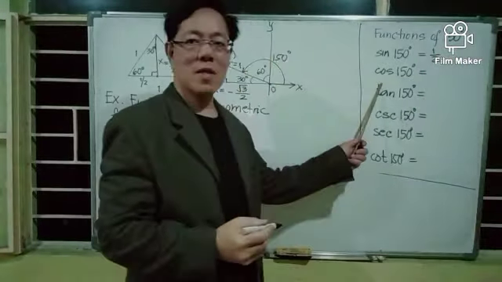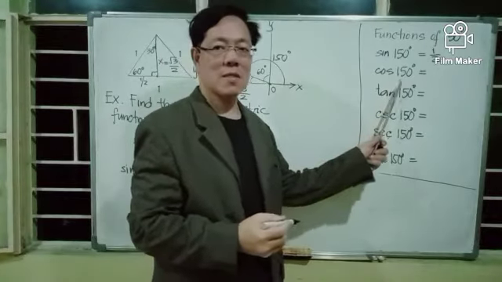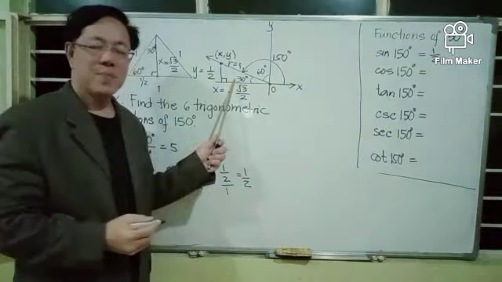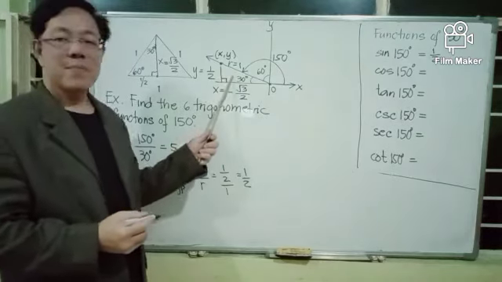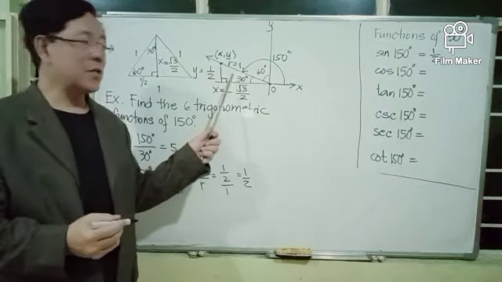Now we find the cosine of 150 degrees in terms of the function of the special angle 30 degrees.